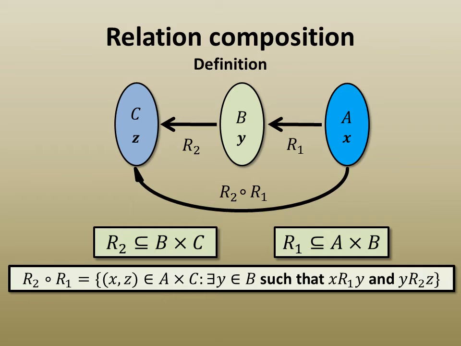In other words, there needs to be some stepping stone in B for X to relate to Z. We call the relation R1 composed with R2 a composite relation. The precise intensional definition is given below and should be referenced when forming proofs pertaining to composite relations.